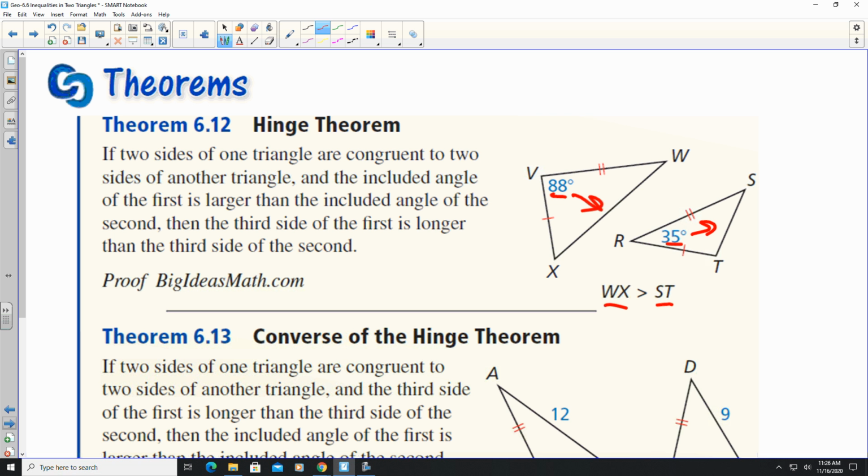Okay, kind of similar, but the same idea of when you looked at one triangle, the largest angle was opposite of the longest leg, kind of with that same concept in mind.